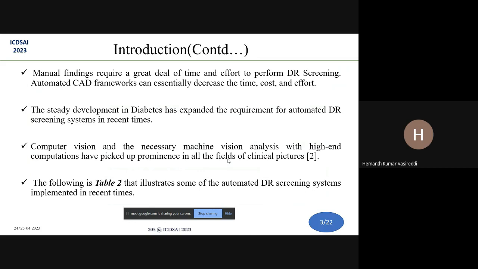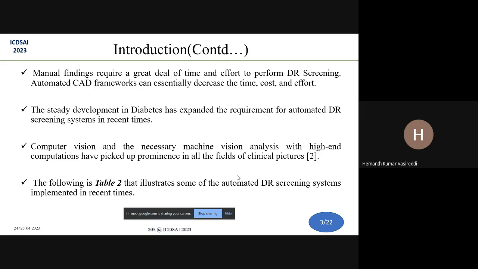We cannot say they will replace the ophthalmologist, but they assist in diagnosing the disease effectively, within less time and with less effort. Computer vision and machine vision analysis with high-end computations have gained prominence in all fields of clinical imaging, so we have extended that to our particular field, ophthalmology, and we have worked on diabetic retinopathy.